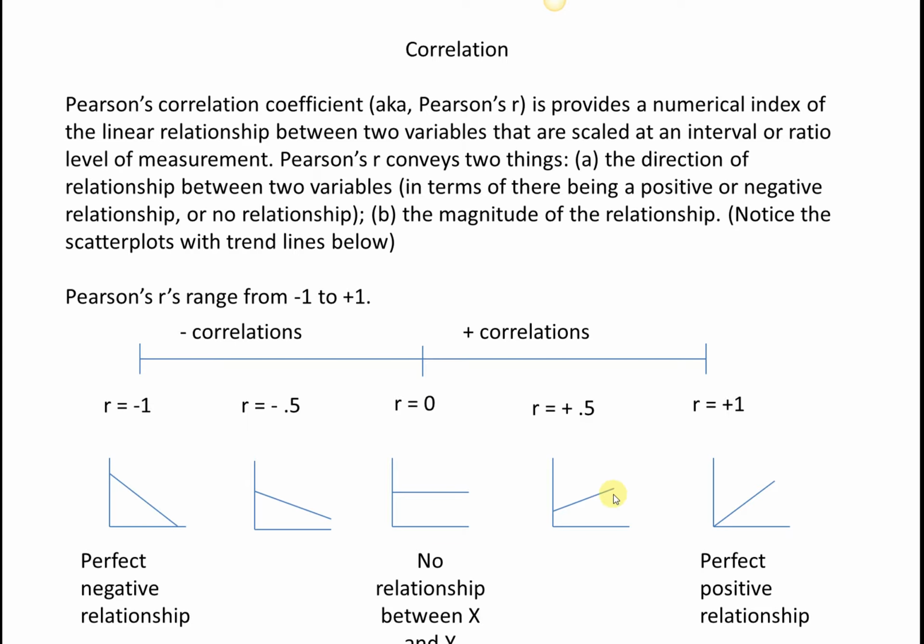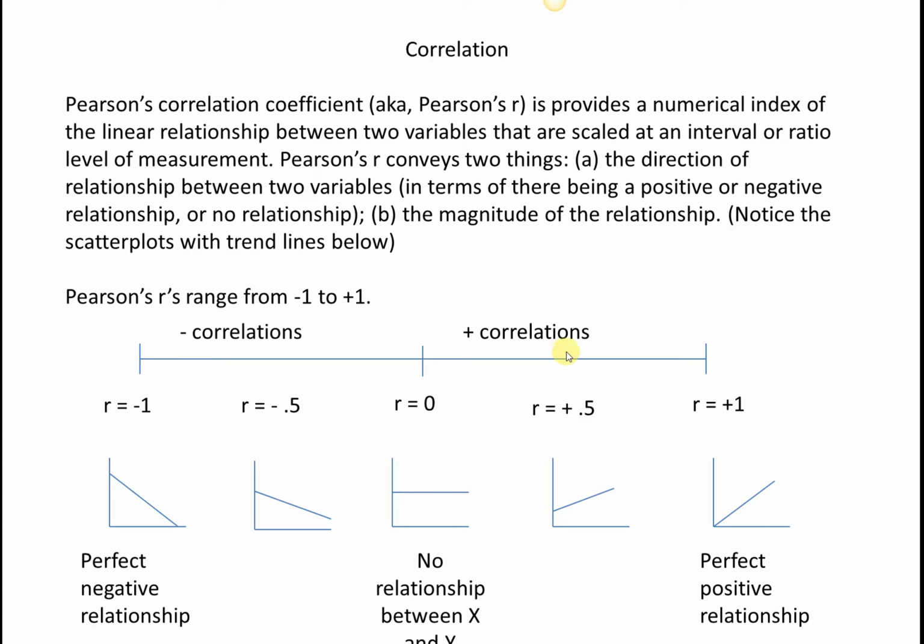The same would apply on the positive side. So as we move closer to 0, from -1 to 0, the negative relationship becomes weaker and weaker, and the line actually becomes increasingly horizontal. The same general principle is true if we move from 1 to 0 in the opposite direction. The positive relationship depicted by the line becomes more and more horizontal.